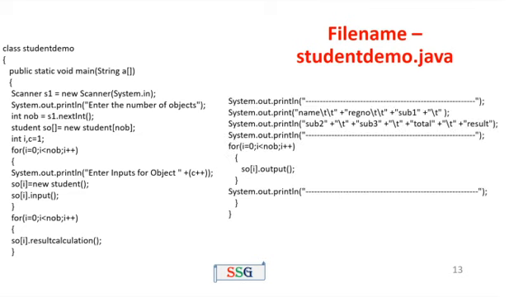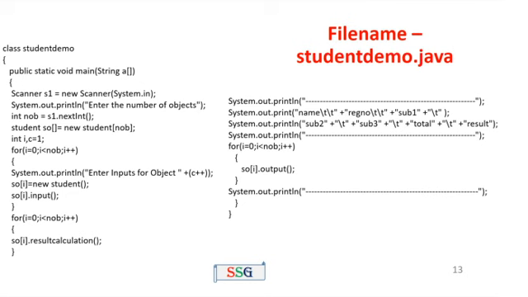The next one, we are in need of output in the form of a table format. That means 4 lines are required: System.out.println line, the header information, then line. The next one, a for loop for displaying the outputs. Here for i equal to 0, i less than nob, i plus plus, SO[i].output().